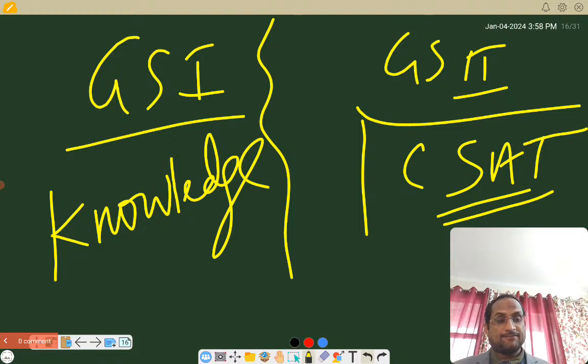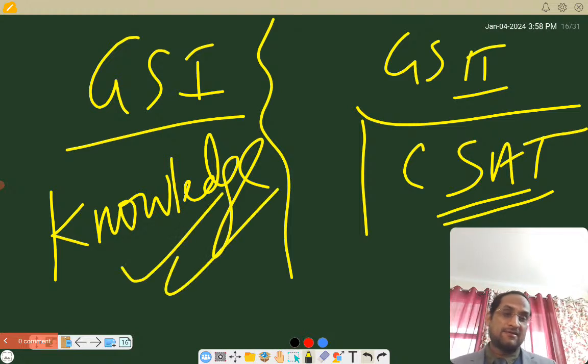As simple as that. The only thing is that you're not able to recall things properly. You're not able to choose between two similar kinds of options given because your focus is not high. If you have a laser focus and you have studied it for 1.5 years or 2 years very well, all the dimensions of the subjects, then definitely you'll clear.